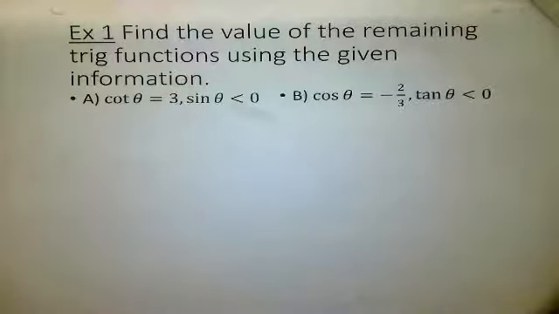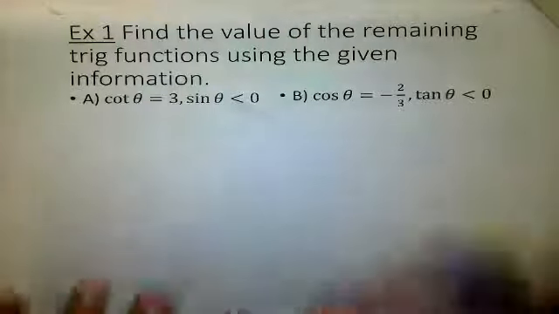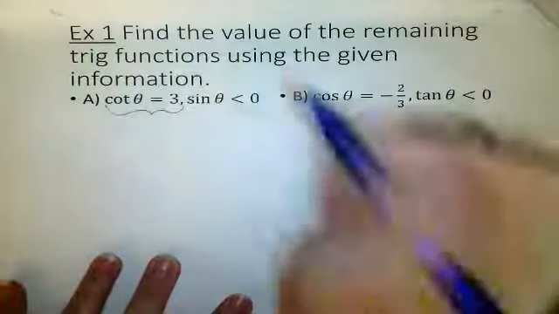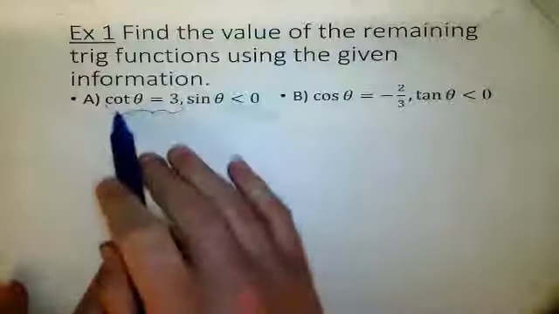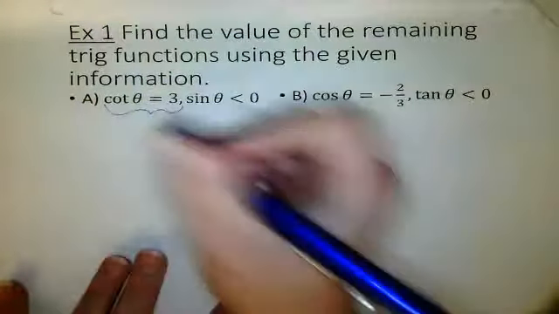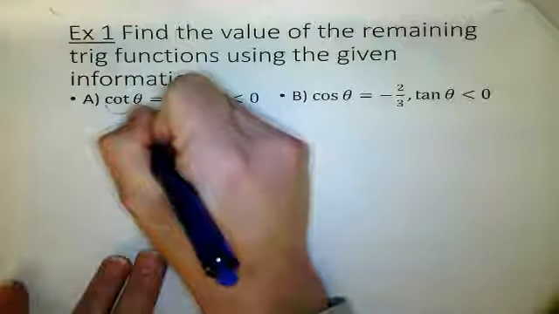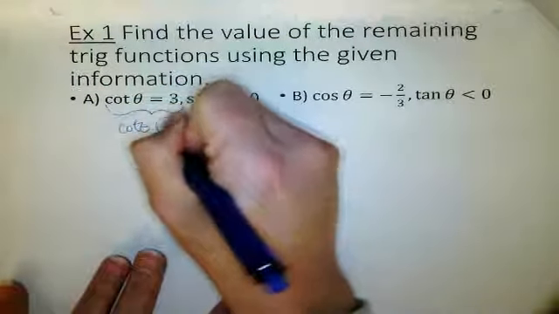Okay, this is conditional trig equations, meaning there's conditions that we need to satisfy. So this first one here, cotangent of some angle is 3, is really information that says the cotangent of some angle is a positive value.